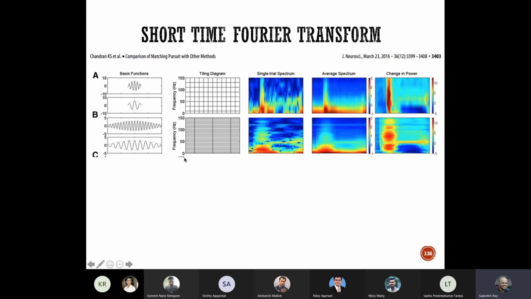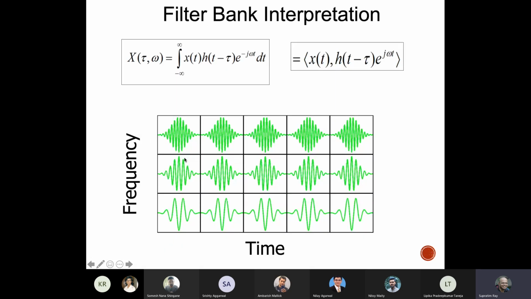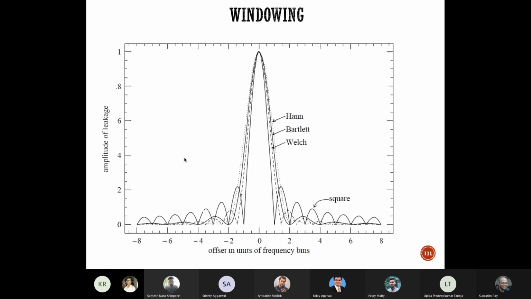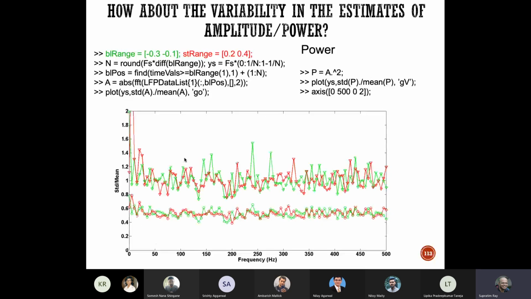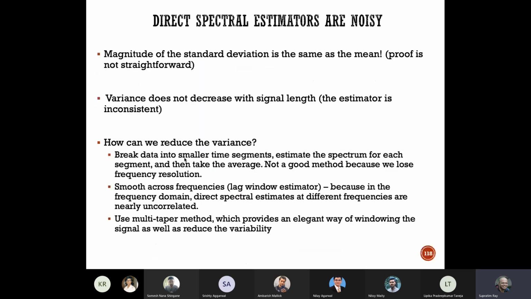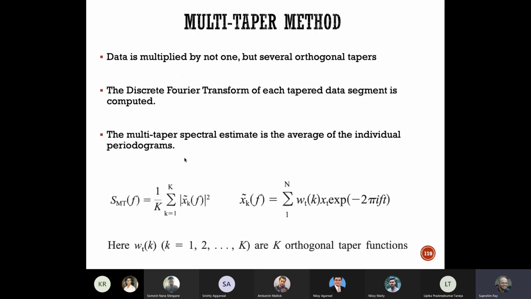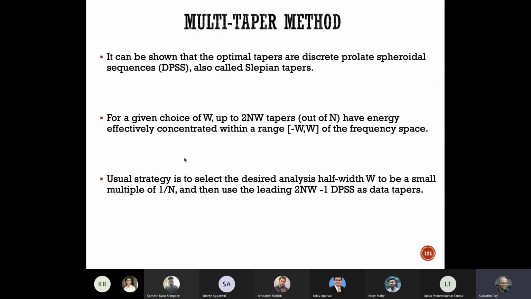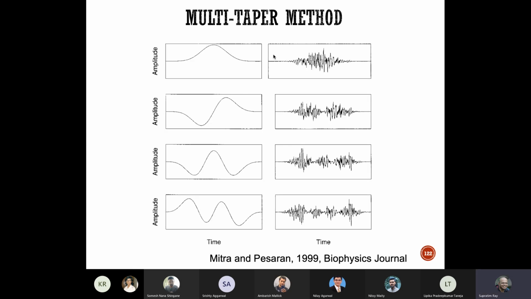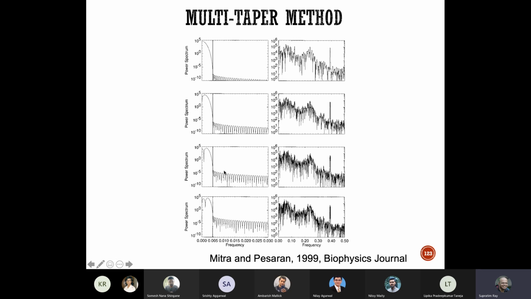So you guys remember the multi-taper method, I hope. Let me just show this again. This is windowing, multi-taper method. The idea is that you will have a bunch of different windows or tapers, and they all have a spectrum that looks like this.